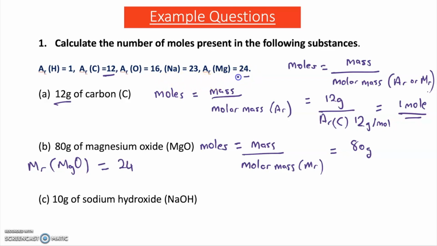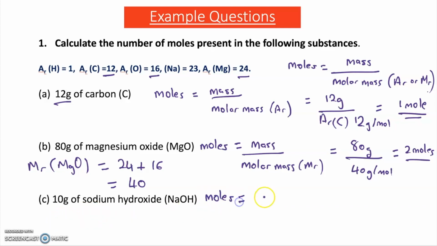So the MR value of magnesium oxide is equal to 24 plus 16, so it's equal to 40. So moles equals mass over molar mass, and the molar mass is equal to the MR value here because we're dealing with molecules. So it's 80 grams over the molar mass, which is 40 grams per mole. So we have 2 moles of magnesium oxide here present if we have 80 grams of magnesium oxide.